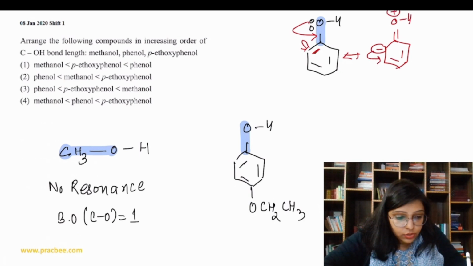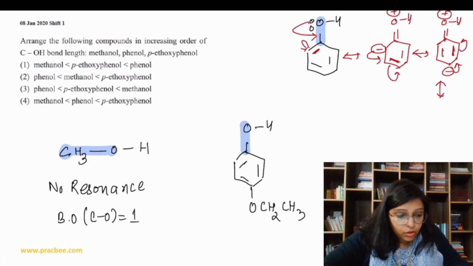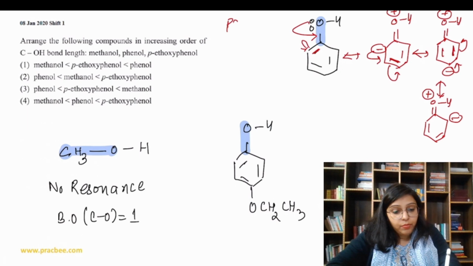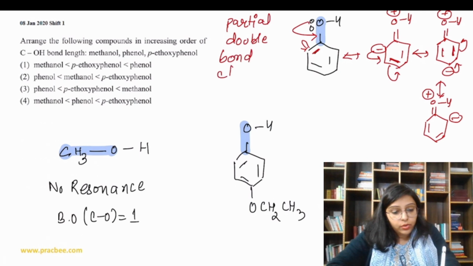Then again this charge moves over here and the electron of this bond shifts to the para position. So we have negative charge on the para position. Then again we have negative charge on the ortho position, right? Understood. So in that way we can draw the resonating structures. So in C-OH we have partial double bond character.